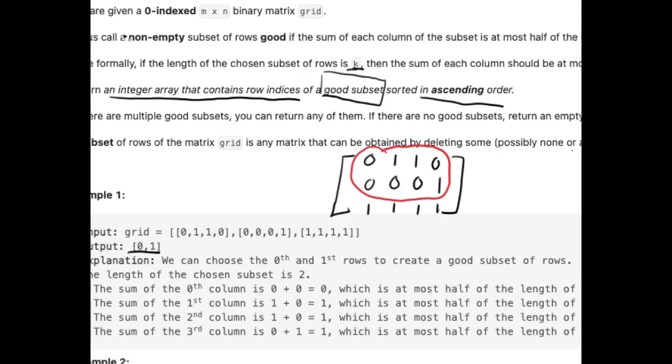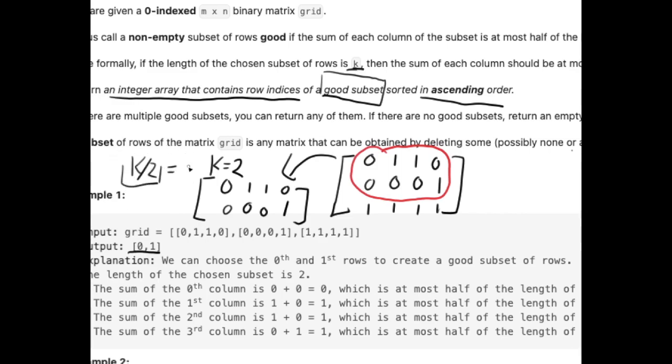As you can see, if I just make this a separate matrix, in this particular submatrix, k is 2 and k divided by 2, floored, is 1. So that's why we should have at most 1 in each column. The first column is fine, it has no 1, so it's 0.